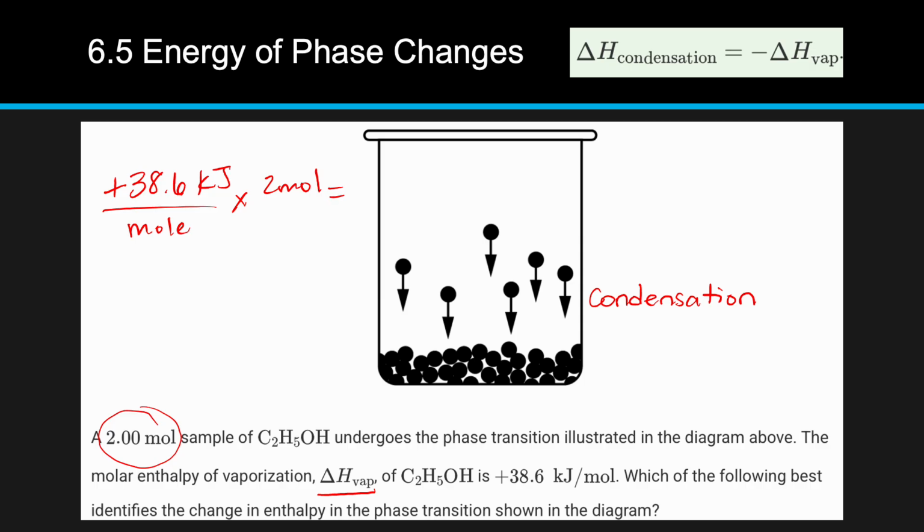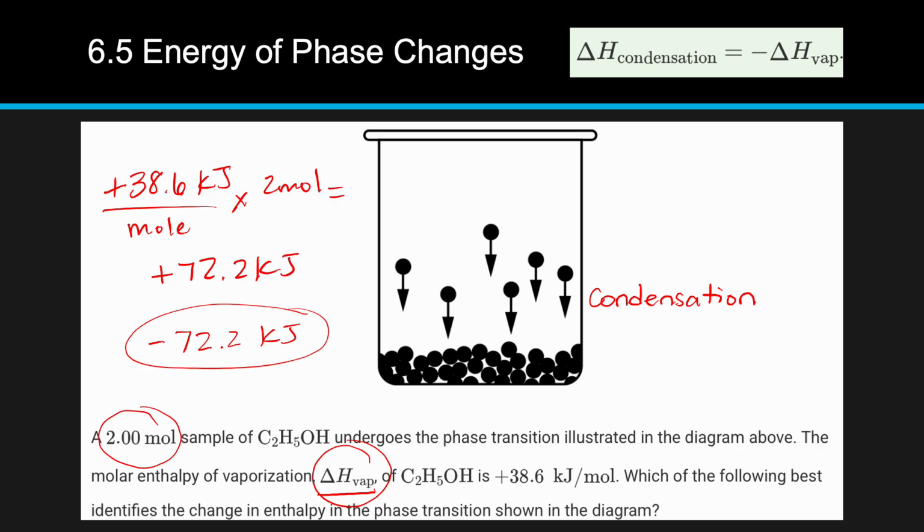So that means our current value for the ethanol is going to be positive 77.2 kilojoules. However, we know that this number value is for delta H of vaporization. We are trying to get the value for condensation, which is the opposite. So we are going to take the negative of this value because it is the complementary phase change. So our answer to this question would be 77.2 kilojoules as a negative value.